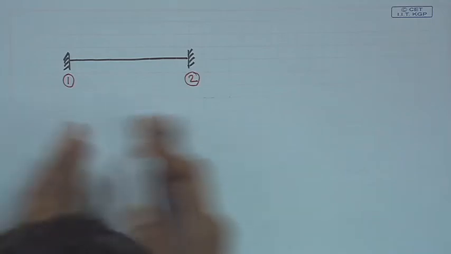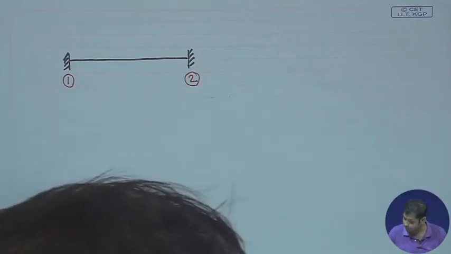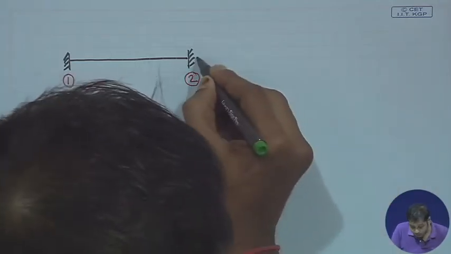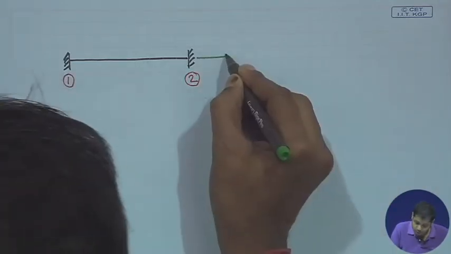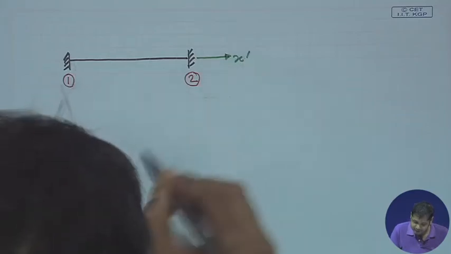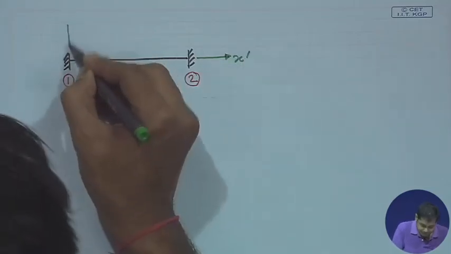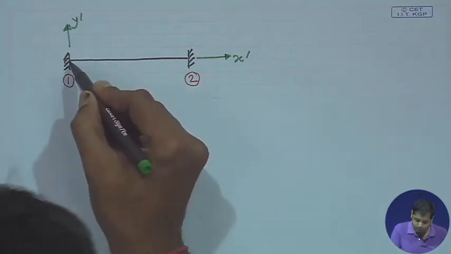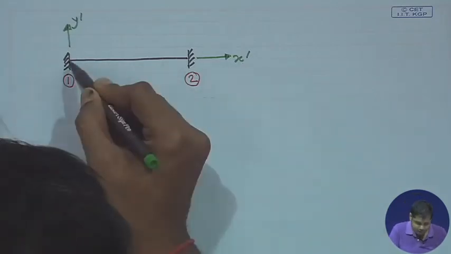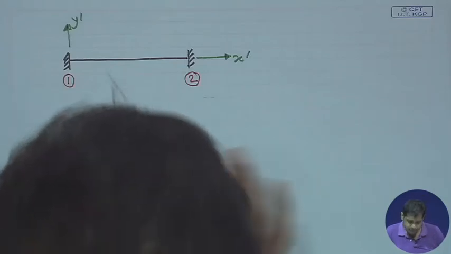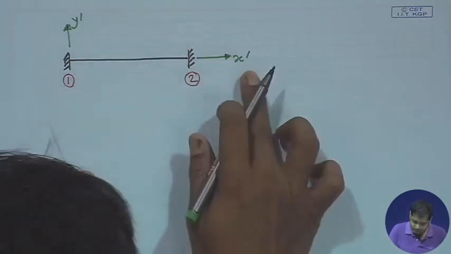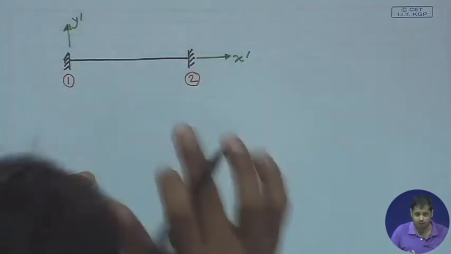We also have a local coordinate system, x dash and y dash. We could also have z dash, normal to this plane, but since we are talking about a plane structure, we have only two coordinate axes, x dash and y dash. This is the local coordinate axis.